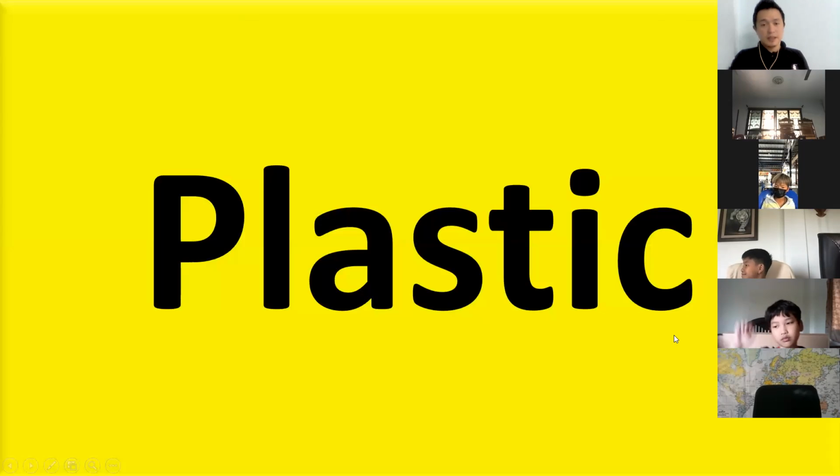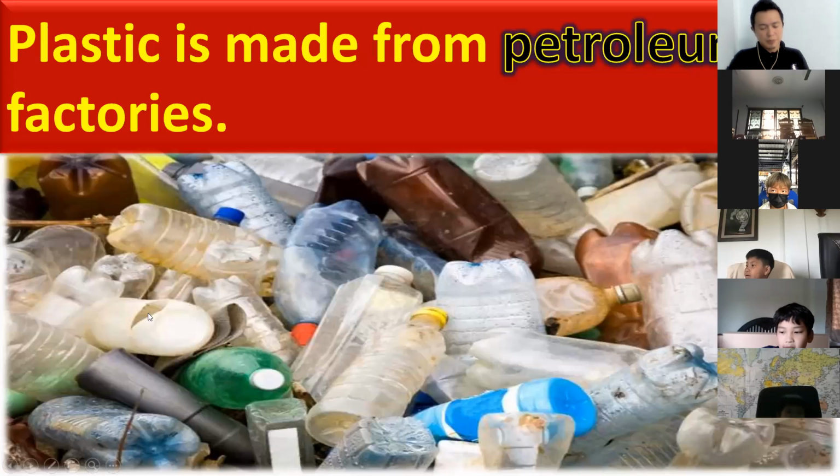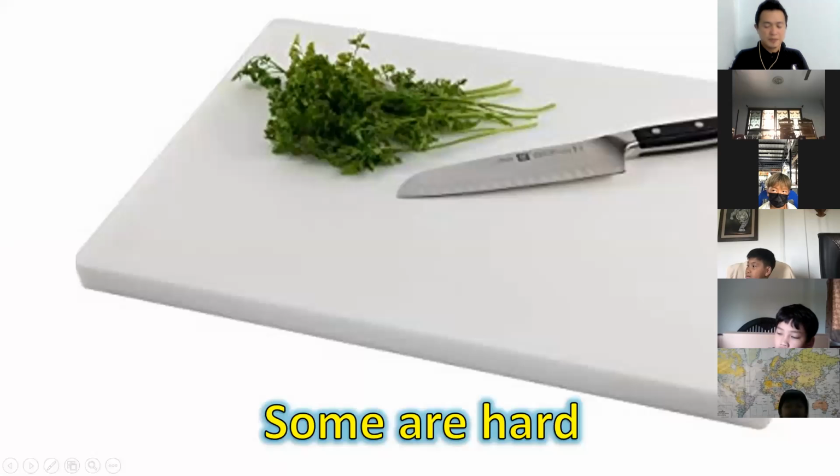Plastic. What is plastic? Plastic is made from petroleum in factories. There are many kinds of plastics. Some are hard, like this.